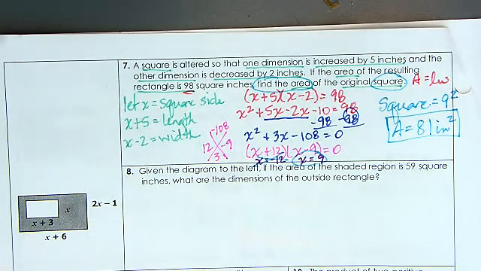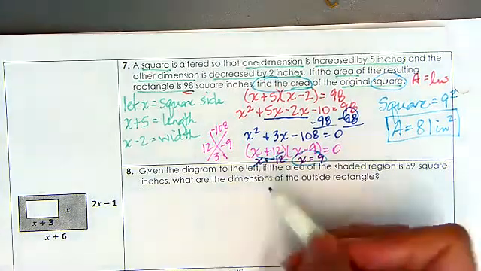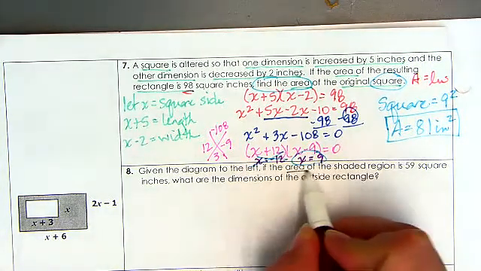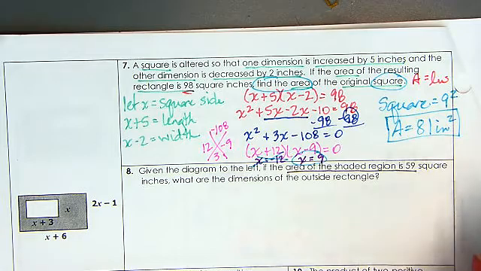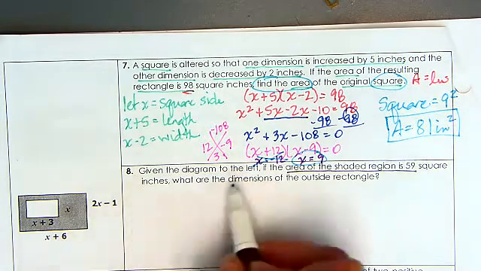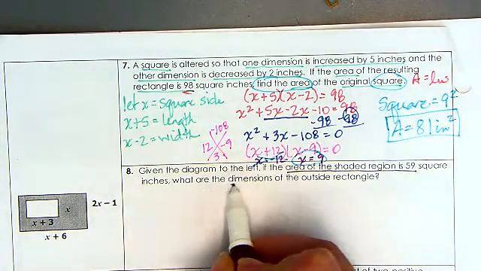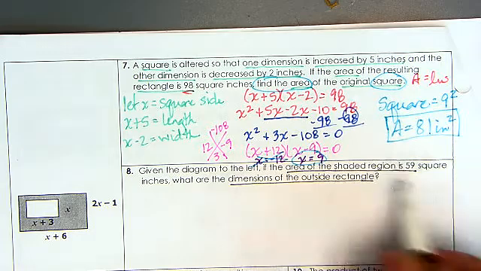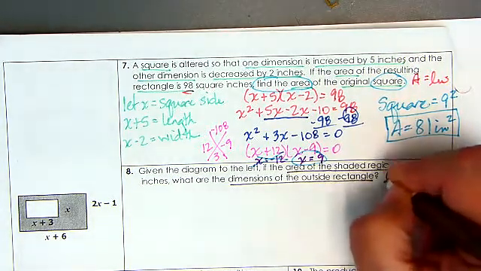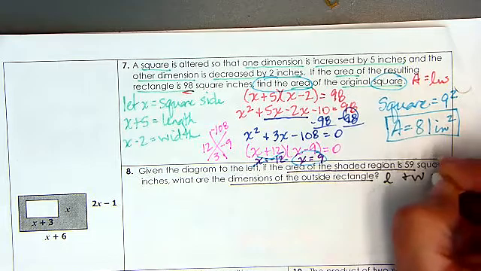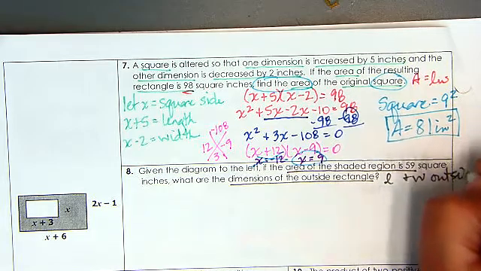Next example. We've done problems like this. Given the diagram to the left, if the area of the shaded region is 59 square inches, what are the dimensions of the outside rectangle? So I'm looking for the length and the width of the outside.